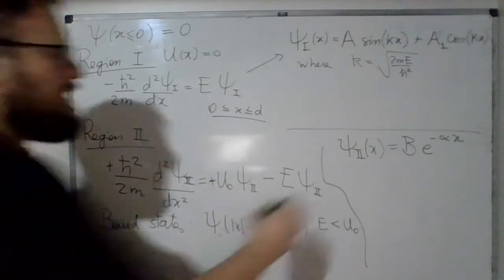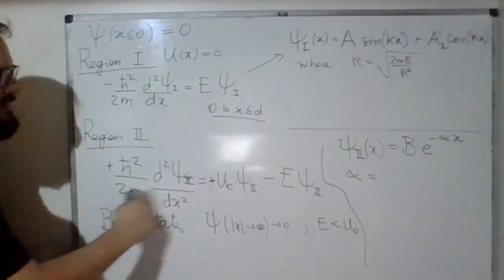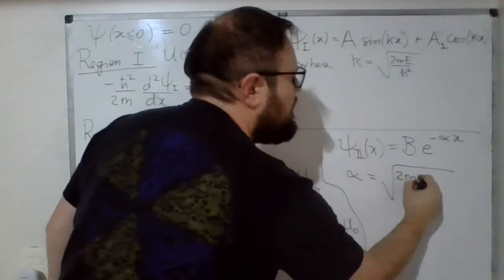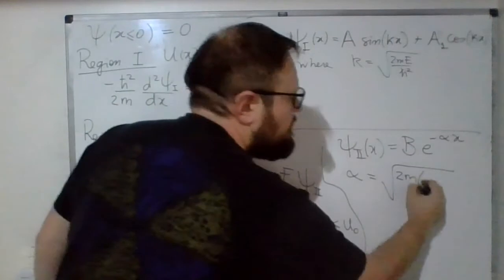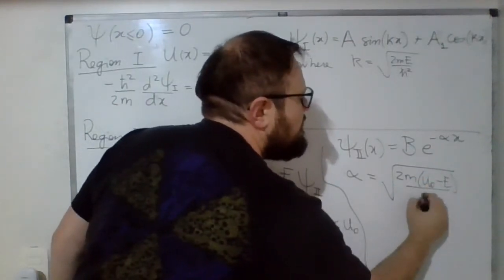And of course, alpha: if you plug in the solution here, you'll find out what alpha is. Alpha corresponds to the square root of twice the mass times U0 minus the energy eigenvalue, divided by h bar squared.